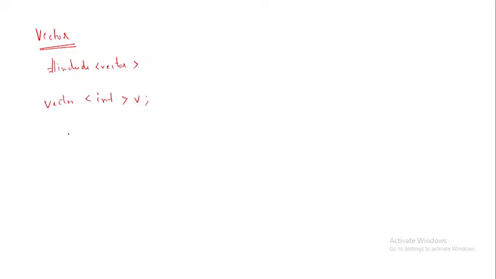Now if I want to insert any element, I can make use of the function push_back. If I give push_back of 40, it means the element 40 is added inside this. And similar to arrays, if I want to print any element, I can just use the index position: v of 0, v of 1, v of 2 and so on, so that I'll be able to print the values.